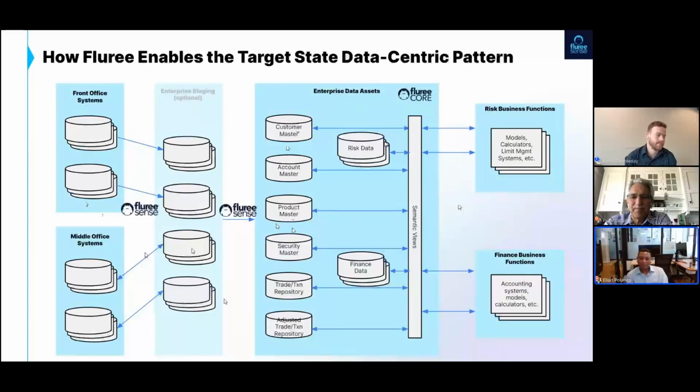In essence, every single request or access at query time has to be wrapped around the policy. The policy determines who's allowed to do what: who can write to the database, who can read from it, who can query it. That's the unique thing we have within Fluree core: what data is available or visible for you to see across any of these assets is entirely wrapped around the policy.